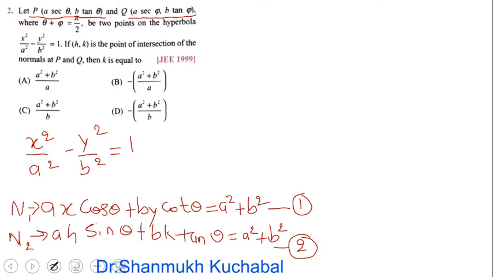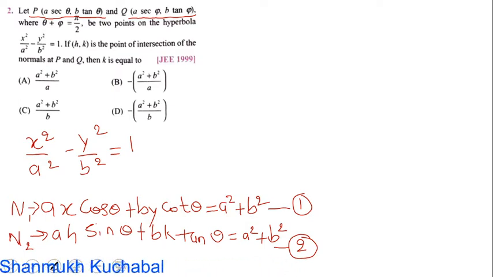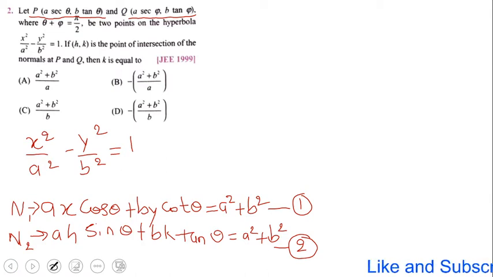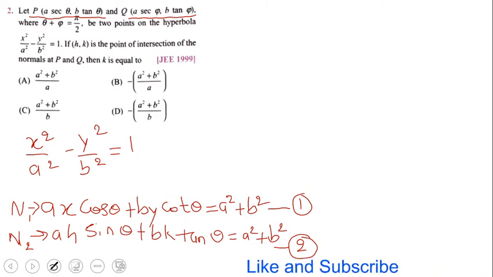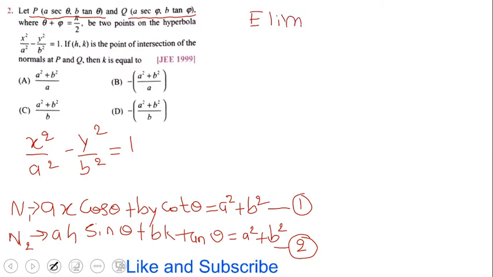So further, using these two equations, we have to eliminate h. The RHS are the same in equations 1 and 2, so we have to equate the LHS and eliminate h.